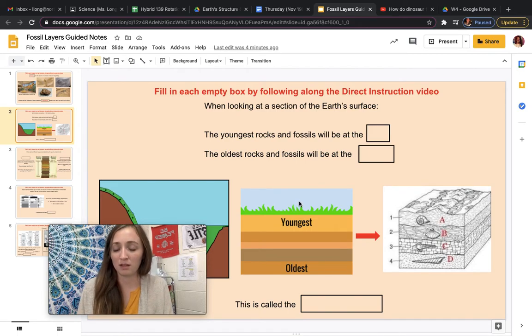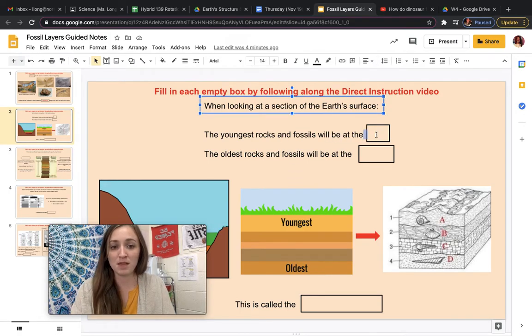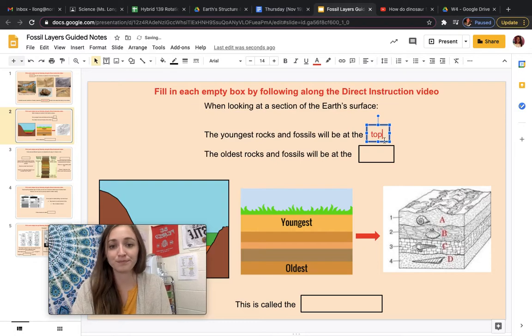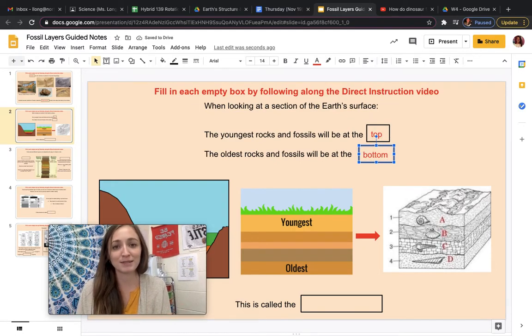If you think, let's just say 1,000,000 years ago, at one point this was the surface, and all of this was below it. So when this was the surface, it was much longer ago. So the further down you get, the older the rocks and the fossils in that layer are going to be. So the youngest rocks and fossils will be at the top, which means the oldest are going to be at the bottom. That's pretty easy.